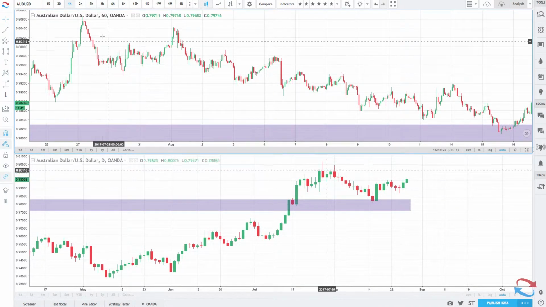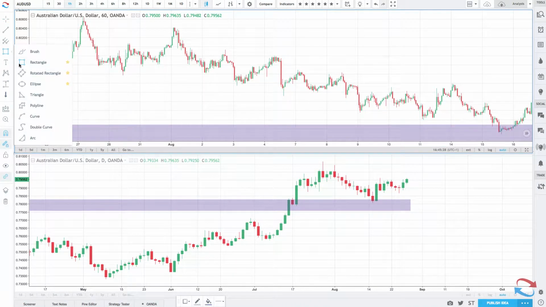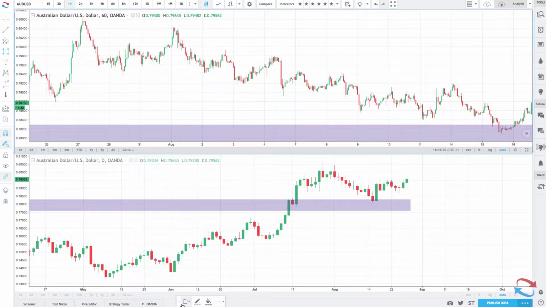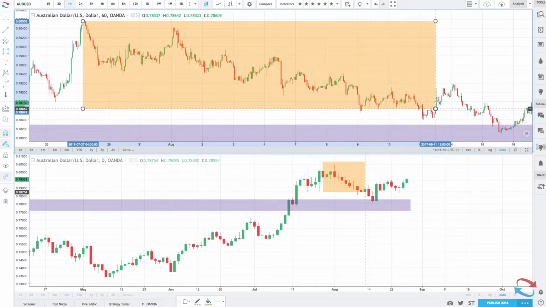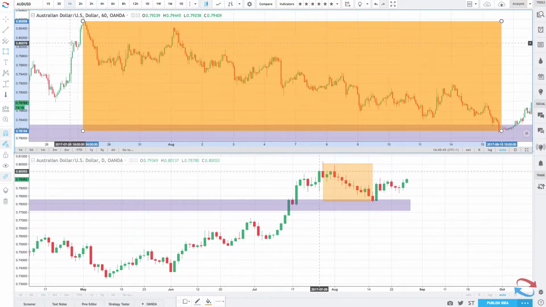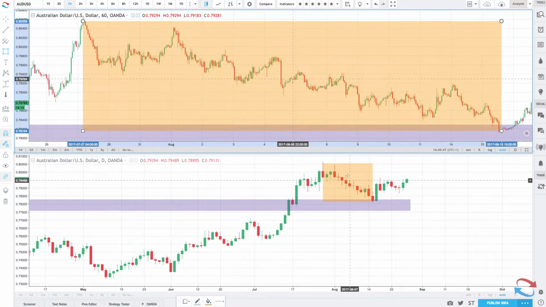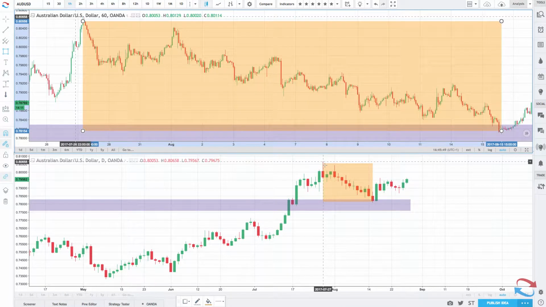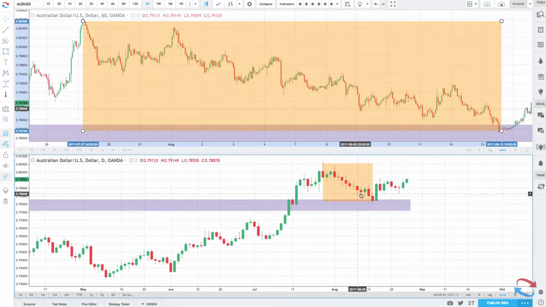So this period here between, let's change the color to, let's say, orange, right? So you've got a period between here and here on the hourly, but on the daily, this is exactly what the period was. It was right here.